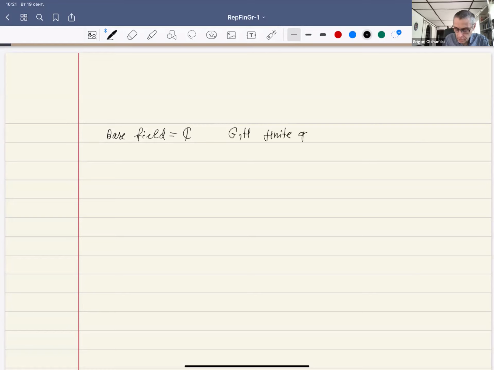And representations will be denoted by capital T, or say U or V. And the space of representation will be denoted as H, maybe H of T.